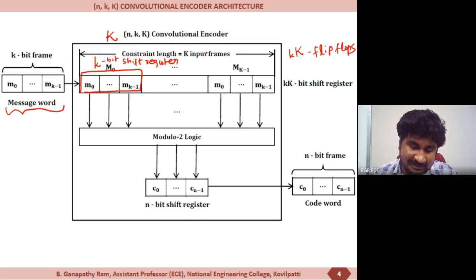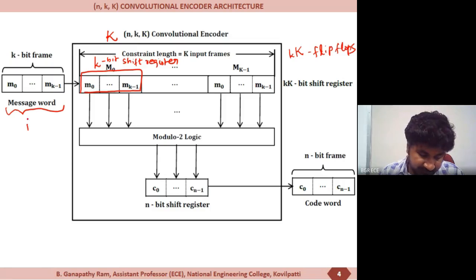And this capital K is referred to as the constraint length, which states the number of k-bit shift registers involved in generating the code word.